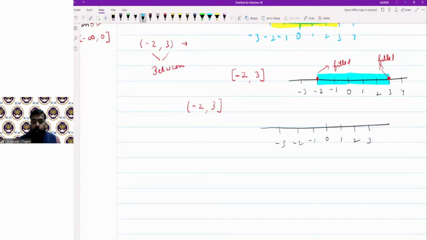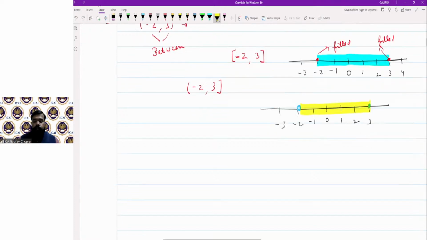Now -2 should not be included. So it is open from here, but 3 is closed. So we will start from here, but 3 will be included. Okay. So this is the difference. All right.